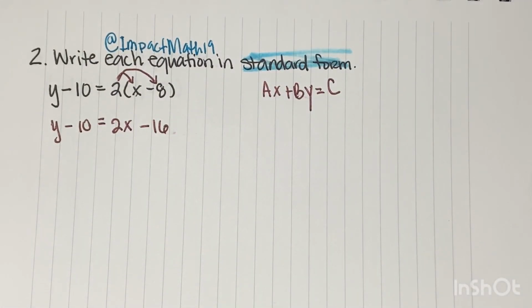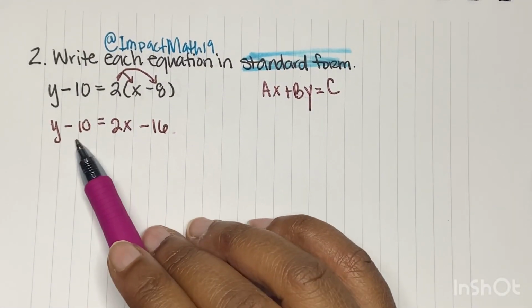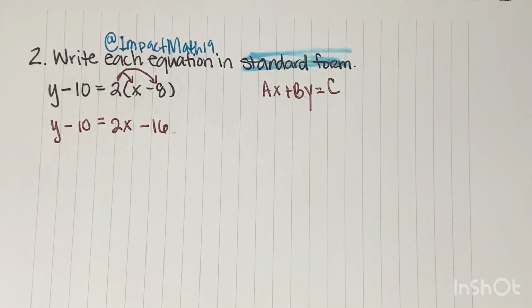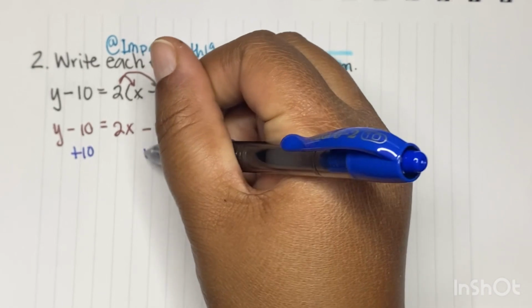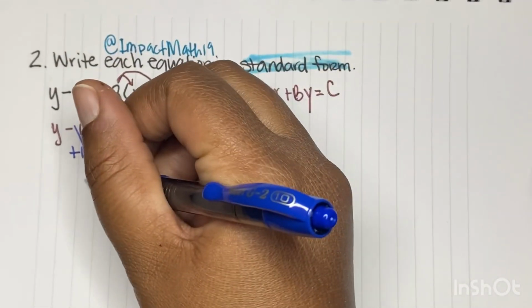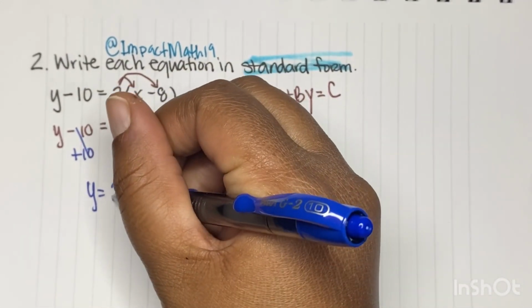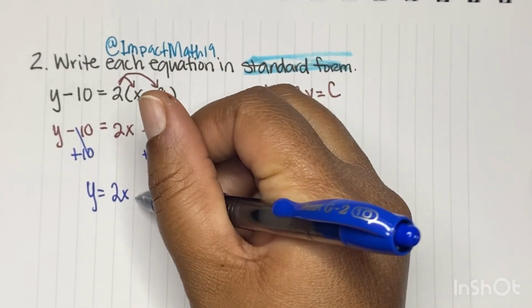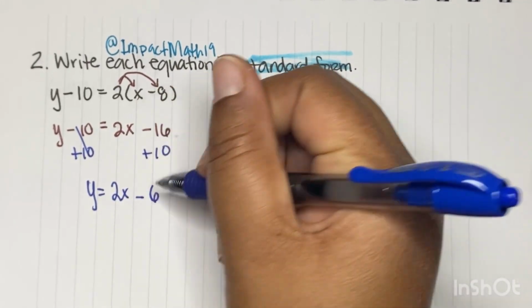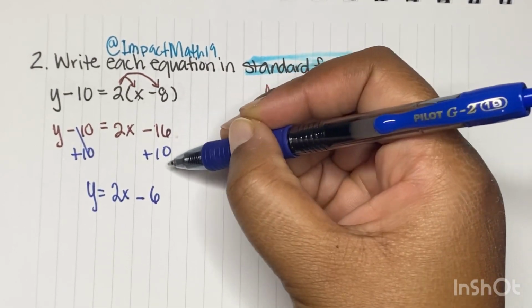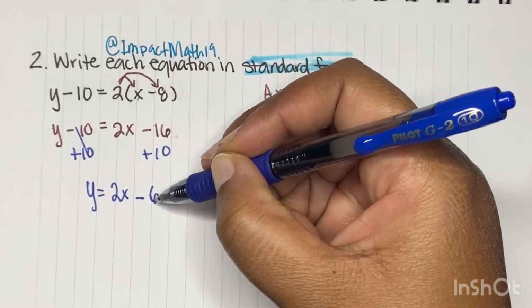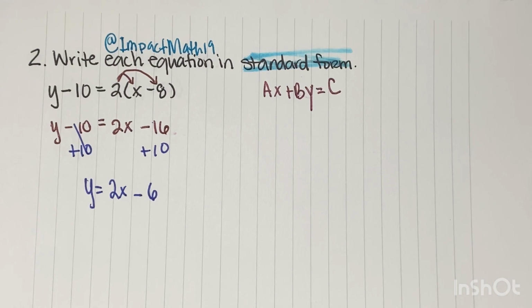All right, so now we're going to bring this 10 over by doing the opposite of minus. So we're going to add 10 to both sides, and we get y equals 2x minus 6, because negative 16 plus 10. So you're down $16. You put $10 in the bank. You still owe the bank $6.